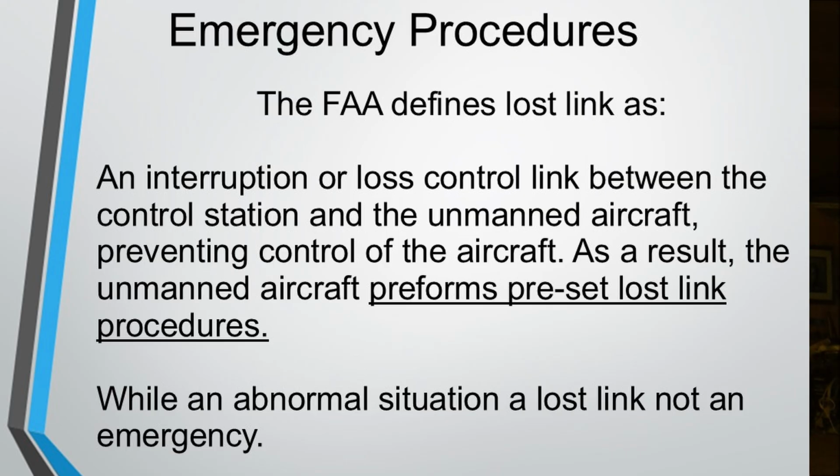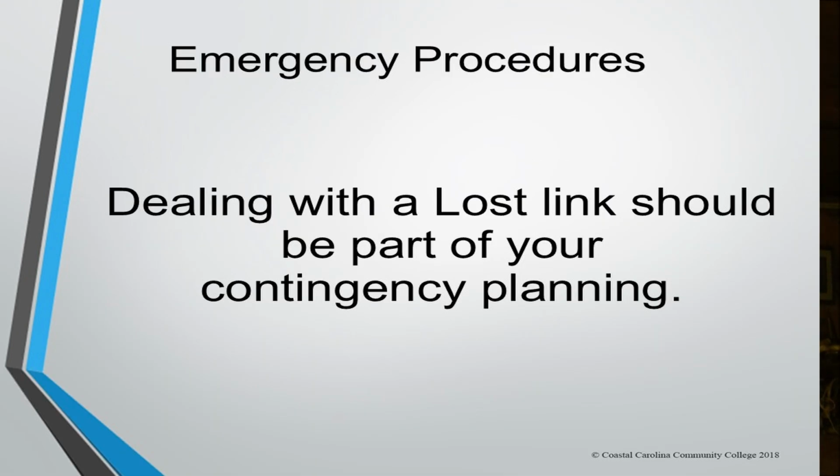While an abnormal situation, a lost link is not considered by the FAA an emergency. How are you going to deal if you get a lost link? Should be part of your planning, and once again, is not considered an emergency.